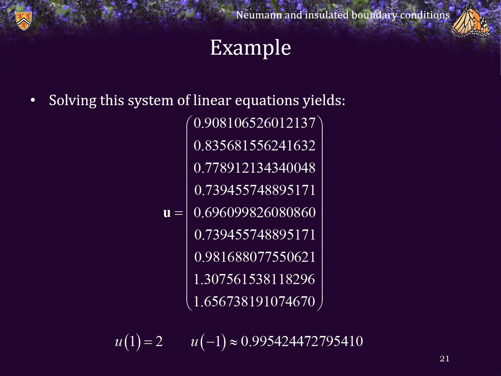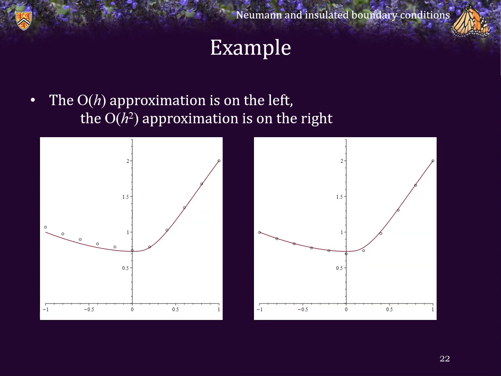In fact, significantly closer. Indeed, the order h approximation appears on the left, whereas the modified version, the order h squared version, appears on the right. Notice how much closer the approximation is.